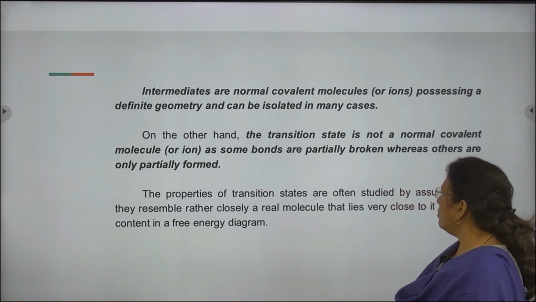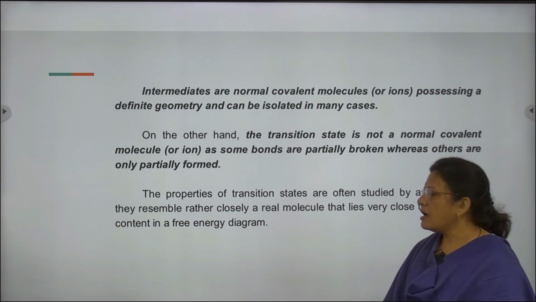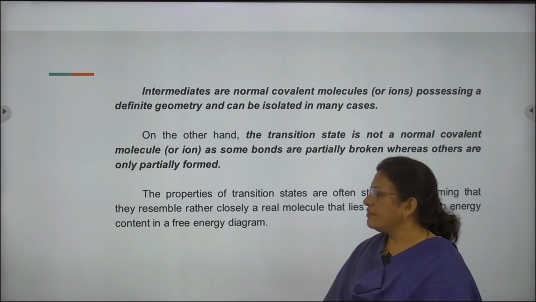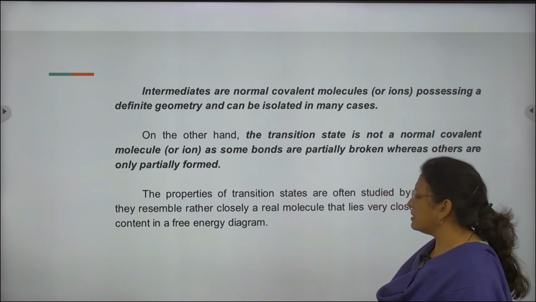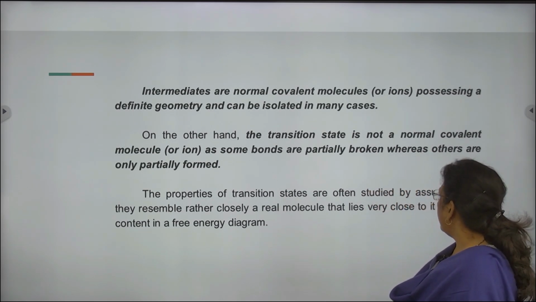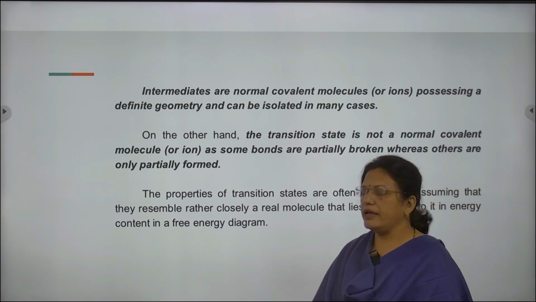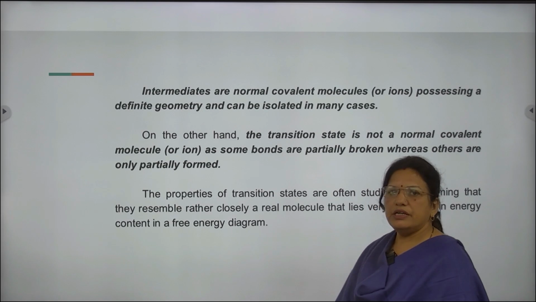The properties of transition states are often studied by assuming that they resemble rather closely a real molecule that lies very close to it in energy content in a free energy diagram.